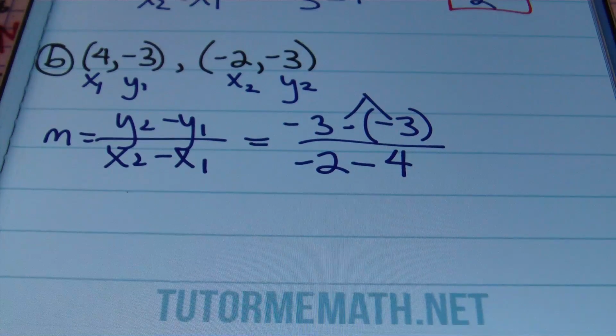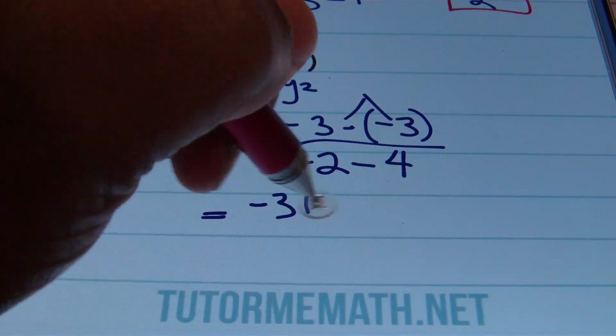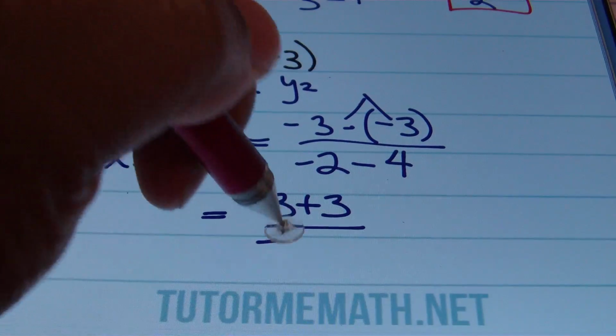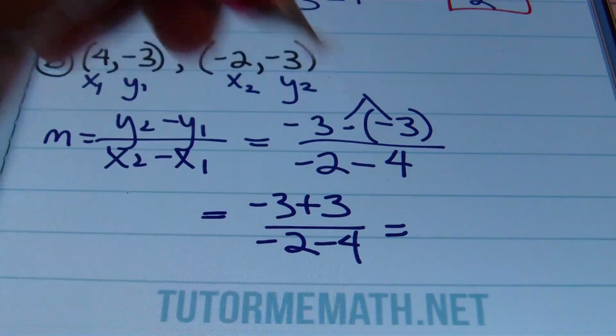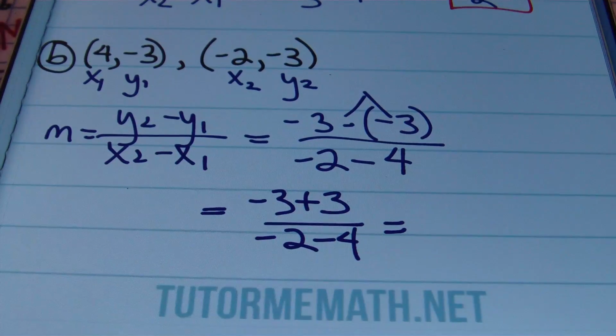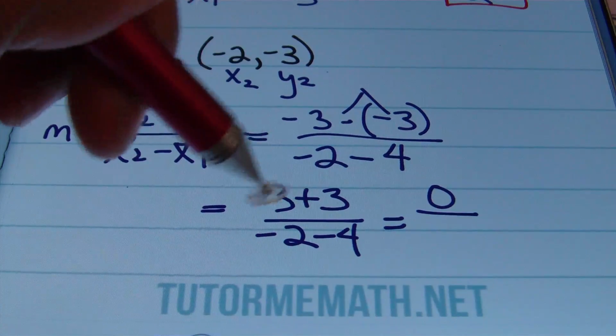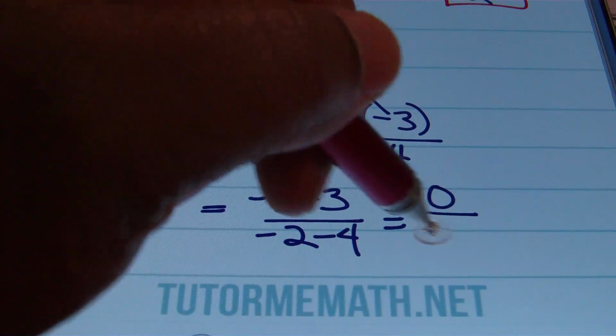I know that a negative times a negative will be a positive result here. So this rewrites into -3 plus 3 over -2 minus 4. From there, combining -3 and +3, these additive inverses, these opposite values, you'll end up with a result of 0. So this will be 0 over -2 minus 4, which is -6.